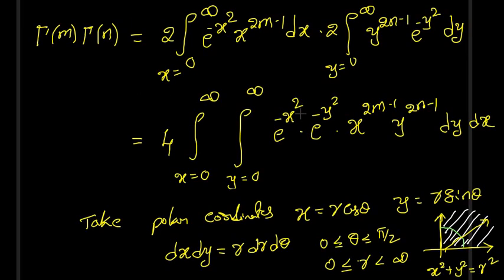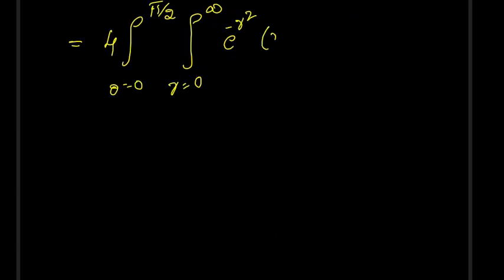Why? Because x squared plus y squared becomes r squared, and this one is (r cos theta) to the power 2m minus 1 times (r sin theta) to the power 2n minus 1 into r dr d theta.